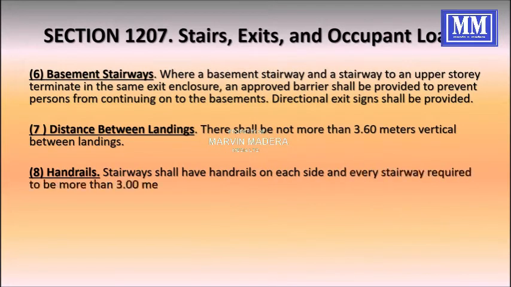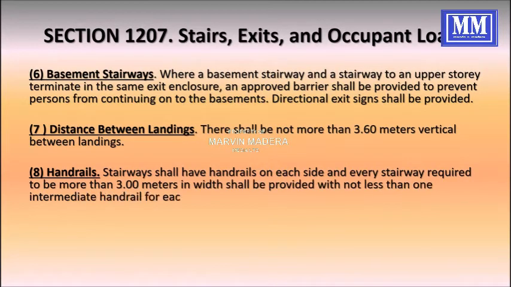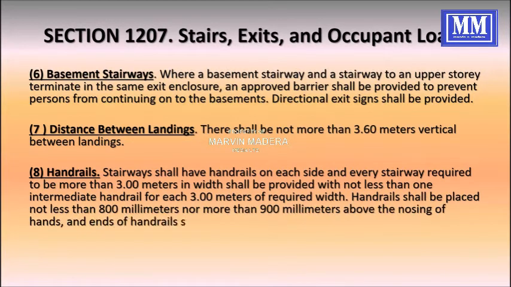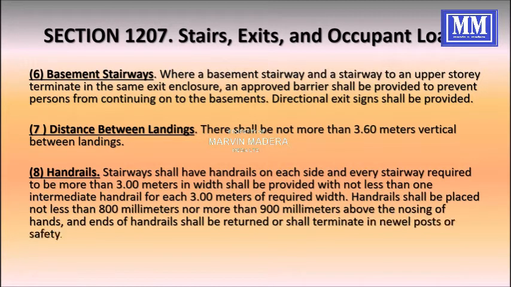Handrails. Stairways shall have handrails on each side, and every stairway required to be more than 3 meters wide shall be provided with not less than one intermediate handrail for each 3 meters of required width.